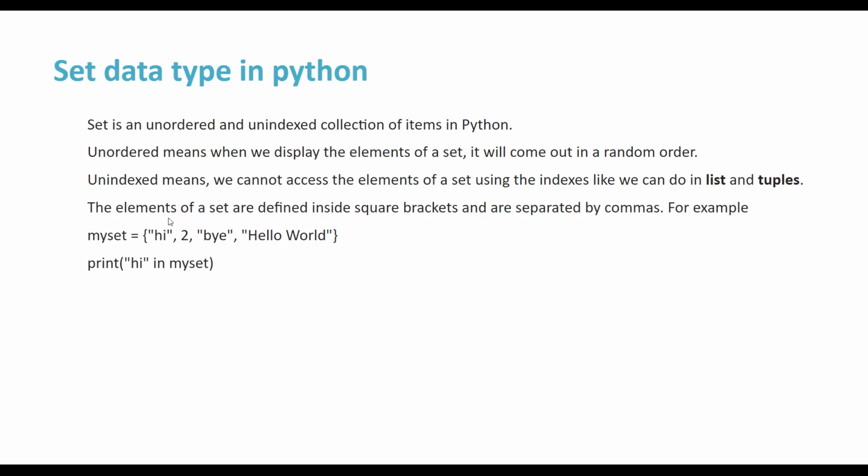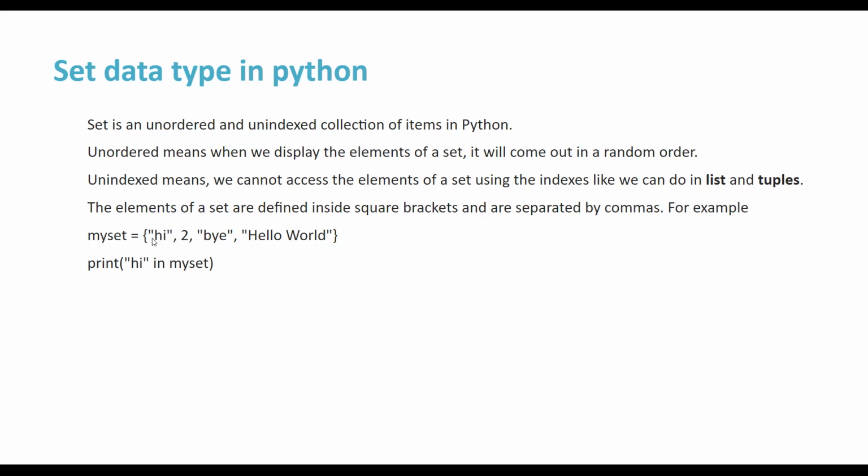If you try to take the index of these values, the index will not remain the same. Sometimes this value can appear here, or anywhere else. So we cannot access the elements making use of the index. That's the reason we say it is unindexed.